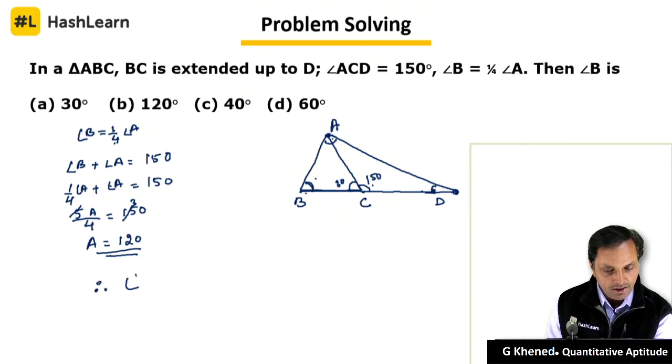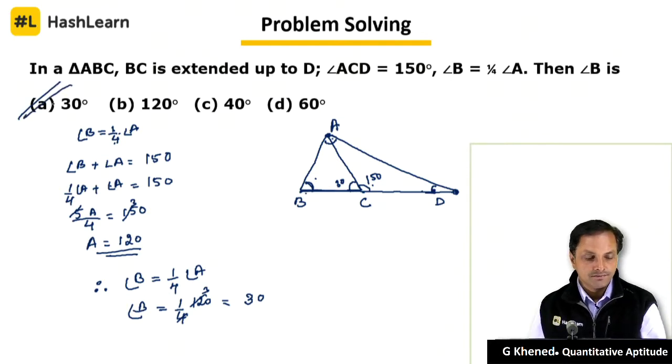Therefore, what is angle B? 1/4 of angle A. So angle B will be 1/4 of 120, that will be equal to 4 3s are 12, so 30 degree. There is an option with 30 degree.